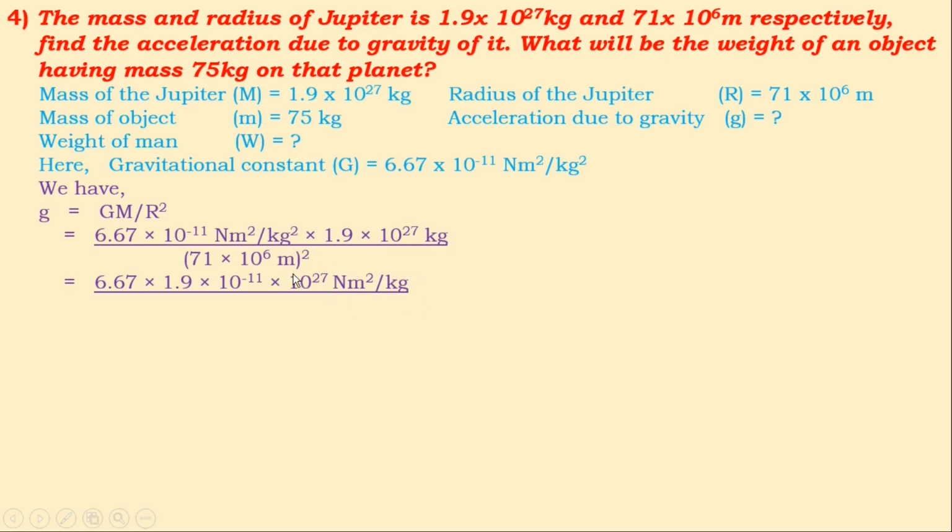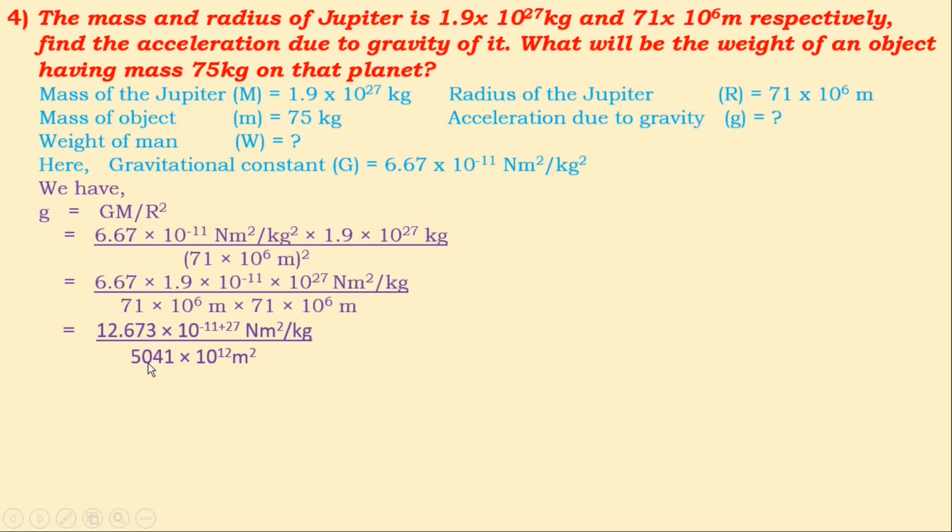Okay, 71 into 10 to the power 6 whole square means 71 into 10 to the power 6, again we can write, and when we multiply 6.67 with 1.9, we will get this value, and power of 10 minus 11 plus 27, and in the denominator 71 into 71 becomes 5041, and 10 to the power 6 plus 10 to the power 6 gives 10 to the power 12. Meter square and meter square cancel each other.